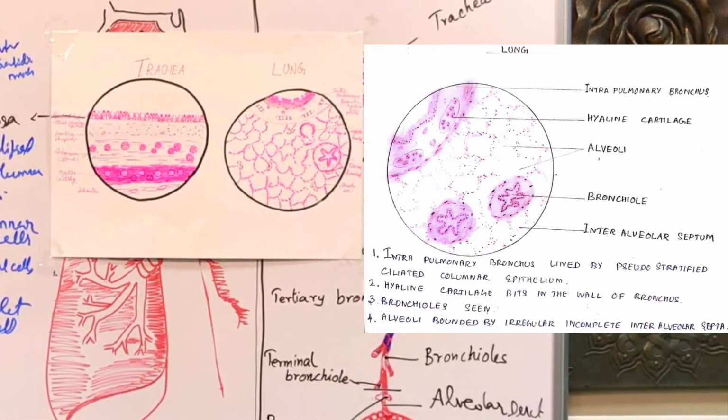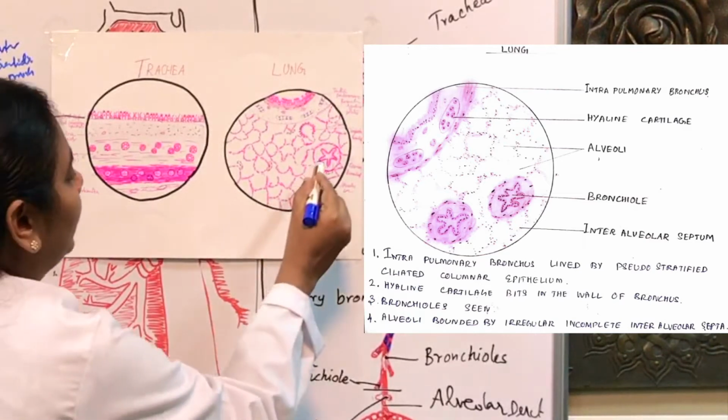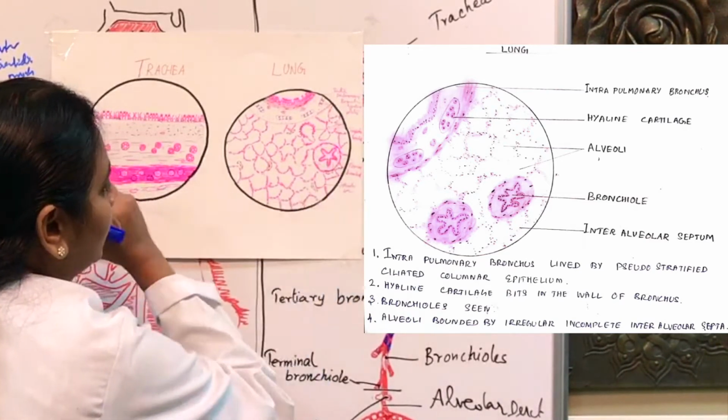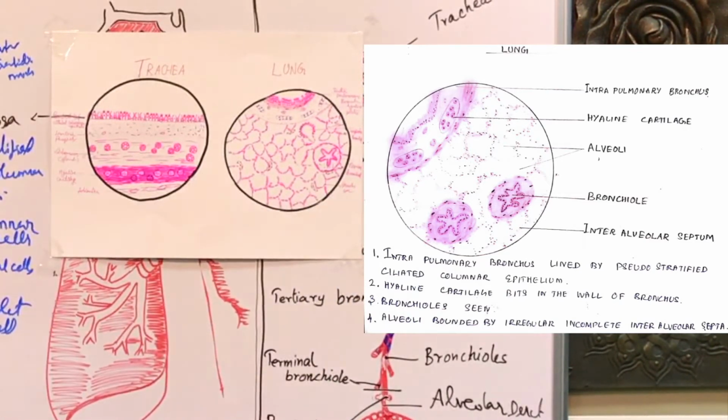Now what about the bronchiole? Bronchiole means less than 1 millimeter in diameter. Next, what about the epithelial lining of the bronchioles? Towards the lower portion, as the tube progressively reduces in diameter and becomes smaller, there is no cartilaginous structure.